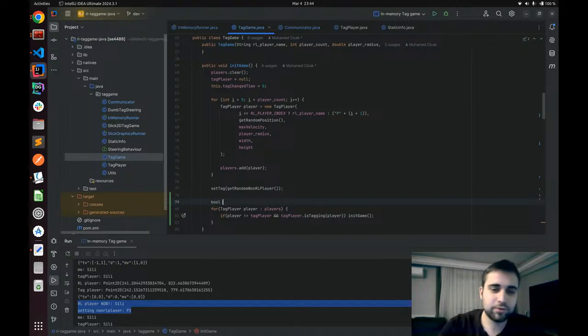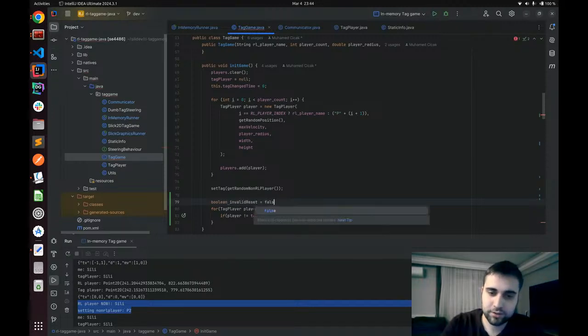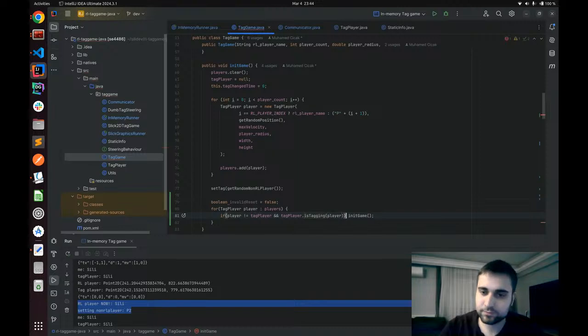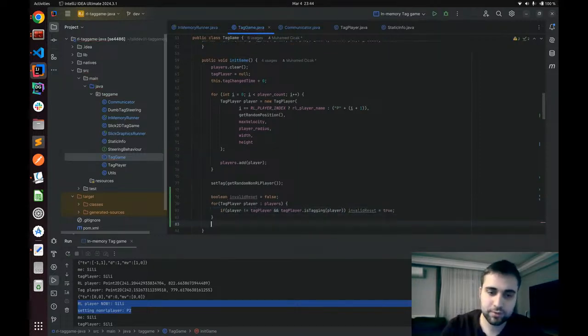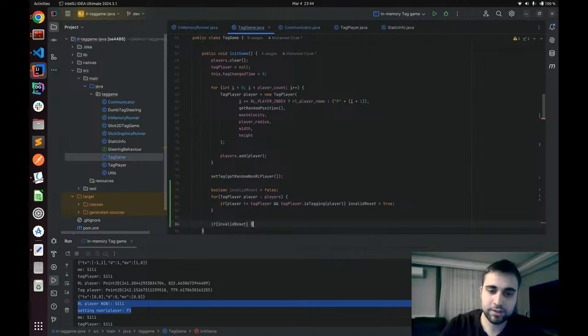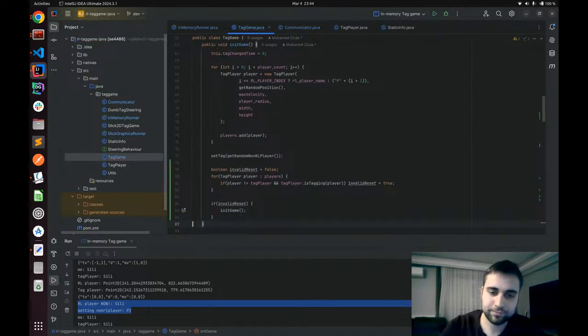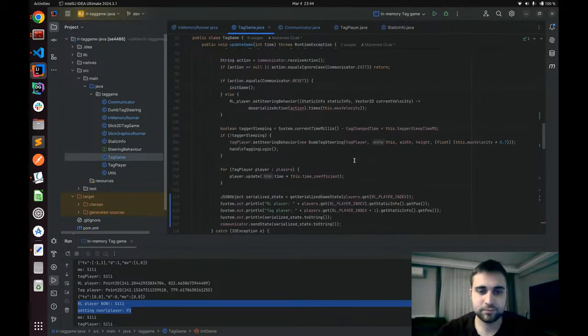Yeah, boolean should invalid reset false, invalid reset true, if invalid reset init game. I guess so. Let's see that.